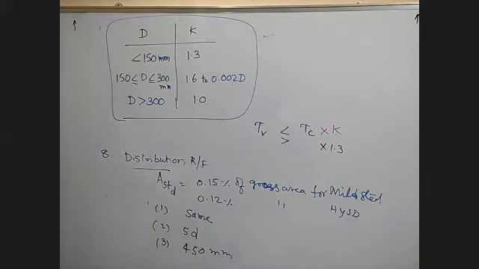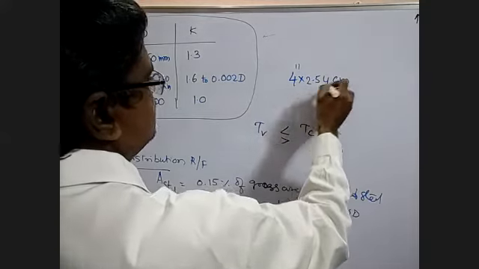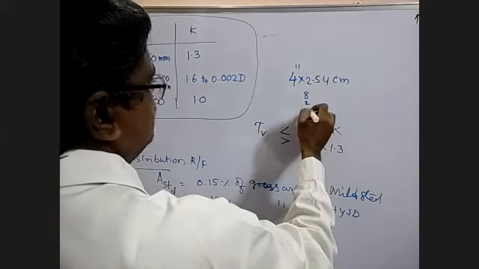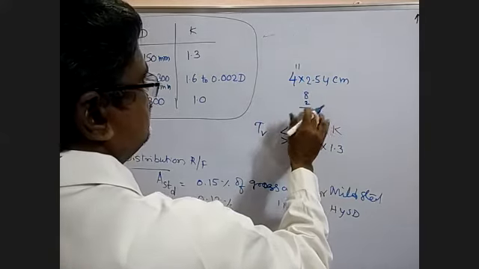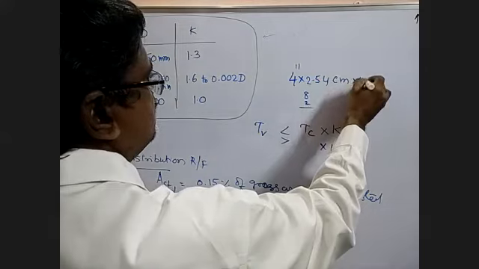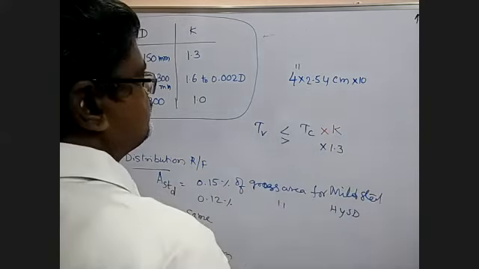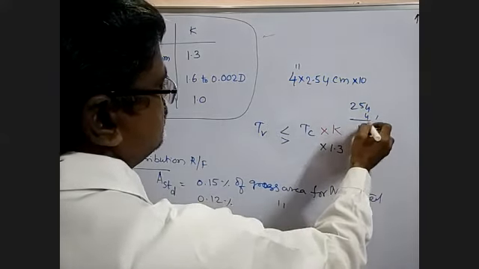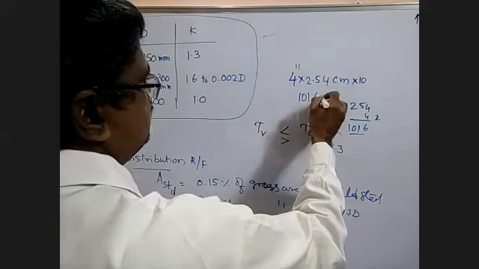Normally we provide a 4 inch or 5 inch slab. Four inches means 4 into 25.4, which is 101.6 mm.